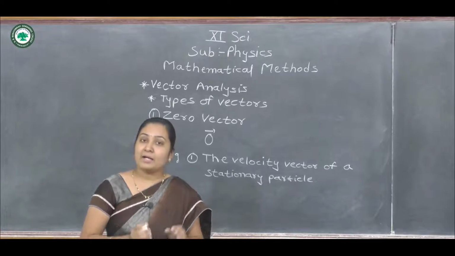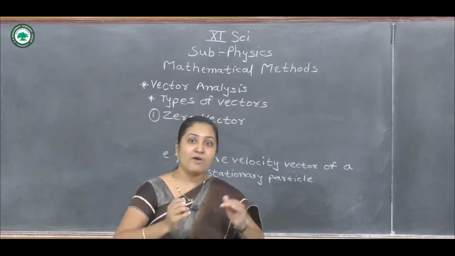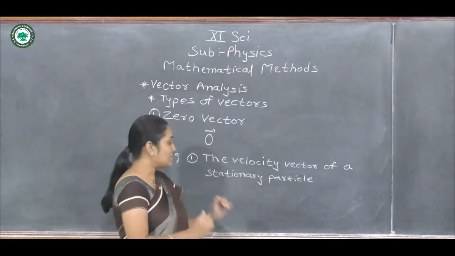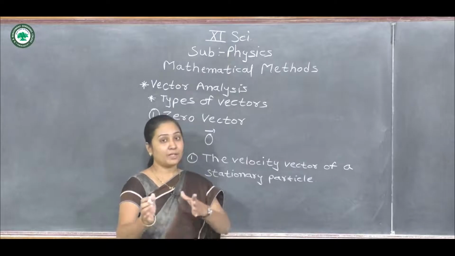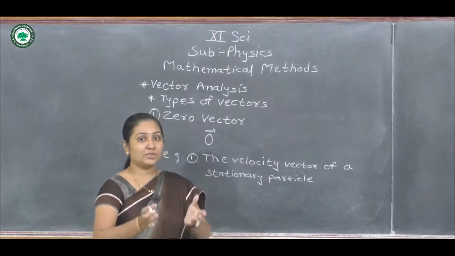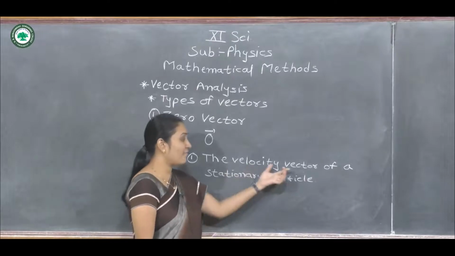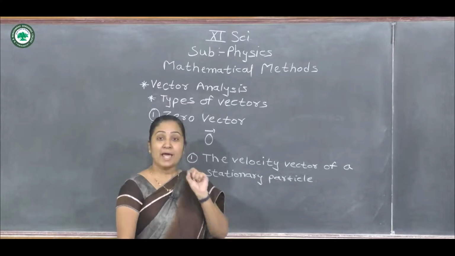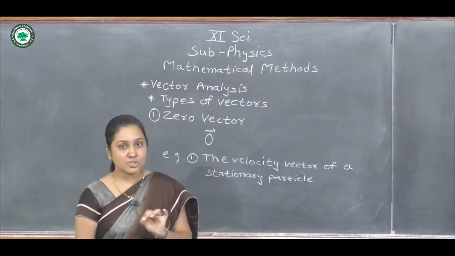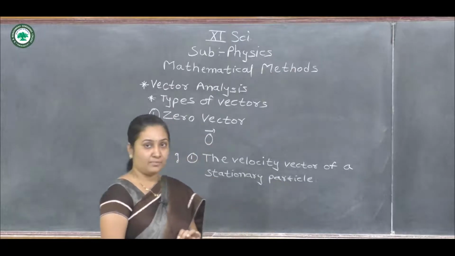If the particle is stationary, the rate of change of displacement per unit time should be 0. So the velocity vector of a stationary particle has magnitude 0, so it is a zero vector.